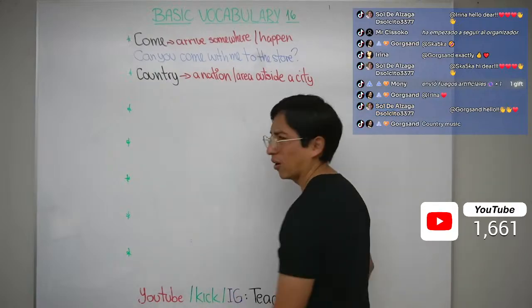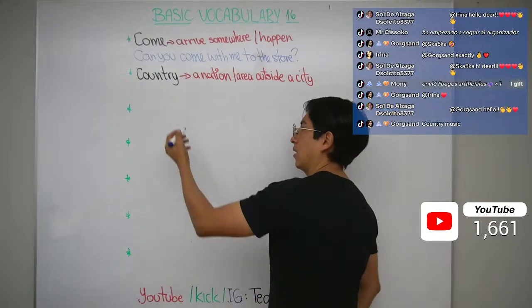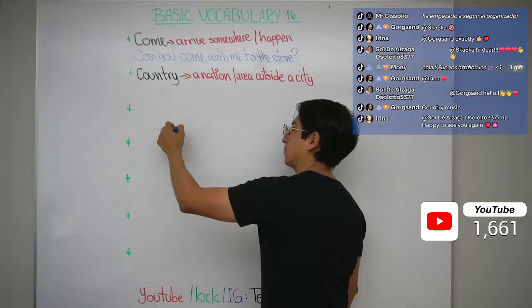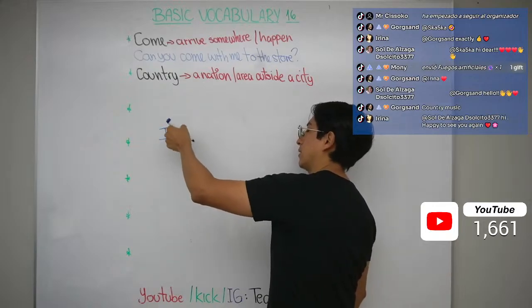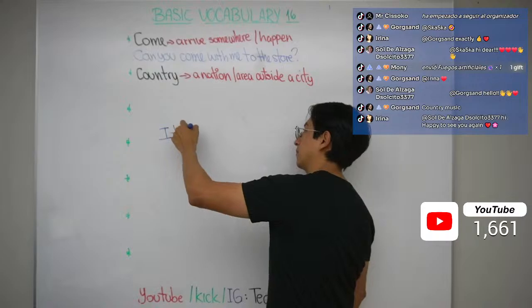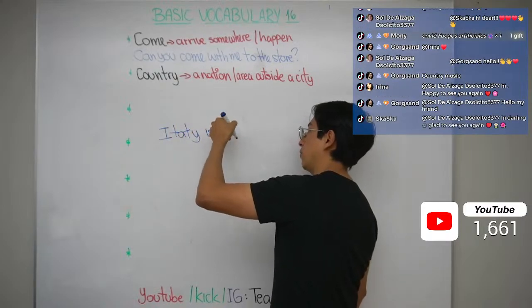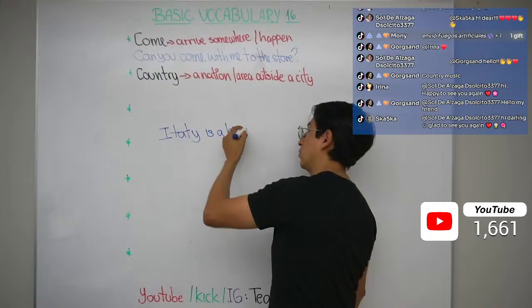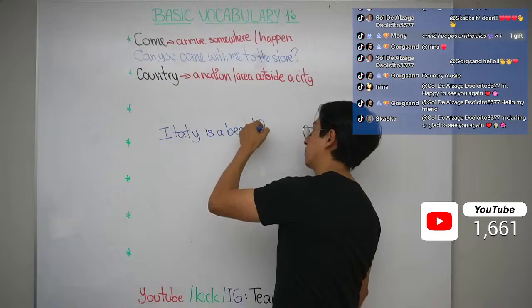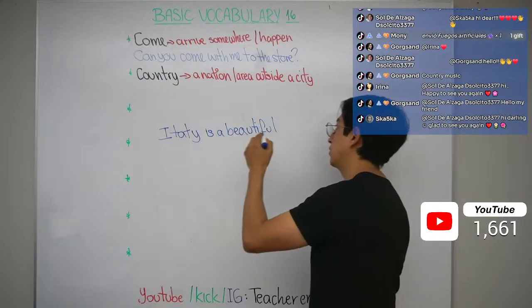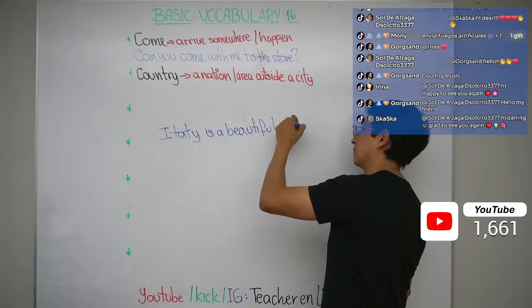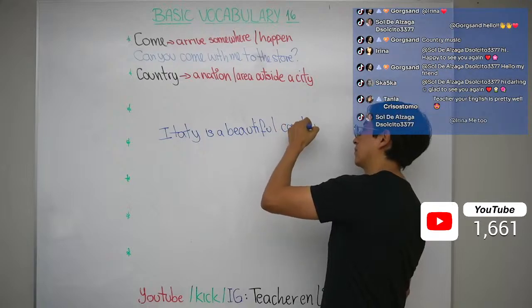Now, we have two possibilities. Country is a nation. So we can say like Italy. Italy is beautiful. It's a beautiful country. Okay, country.